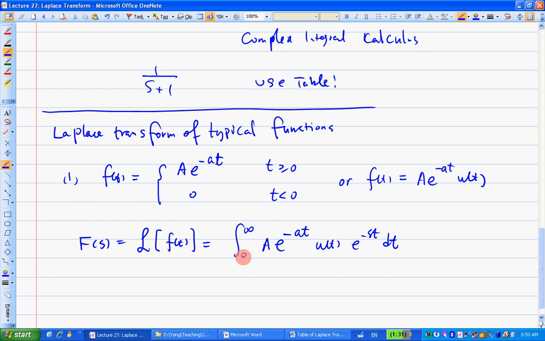It doesn't matter even if I put a u of t here, because the integral only exists from 0 to infinity. So you can get rid of u of t, because u of t is 1 when t is greater than 0. This one here is simply 1, so you don't really need this term. Okay, so this is the definition in here.